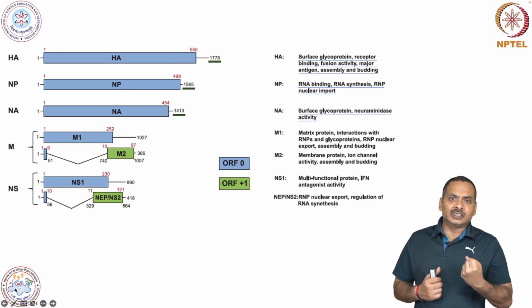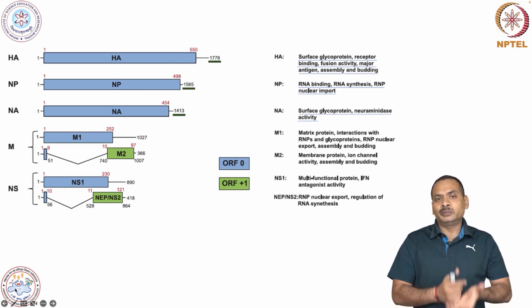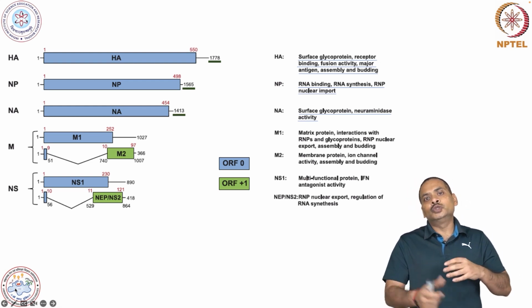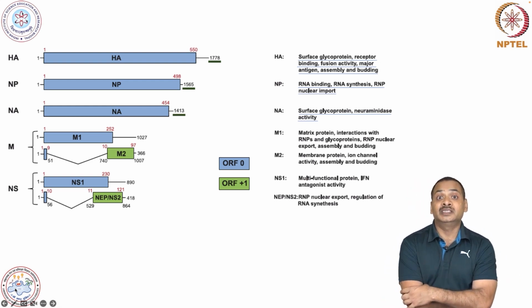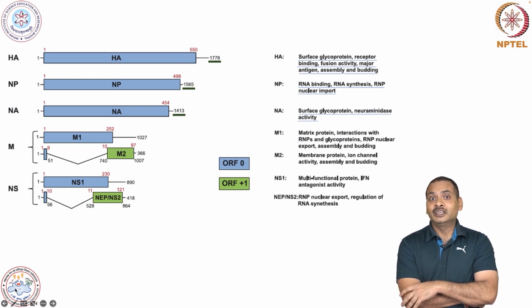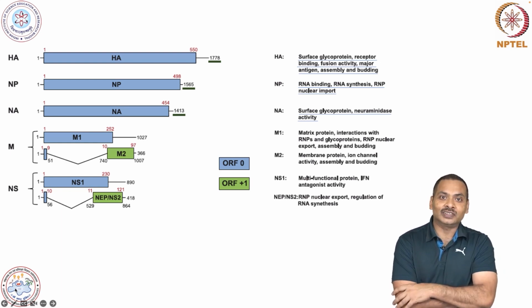When the cell is infected, it will make a lot of virus. In order to release this virus, neuraminidase activity is needed. If neuraminidase activity is inhibited, then we can control the virus infection.